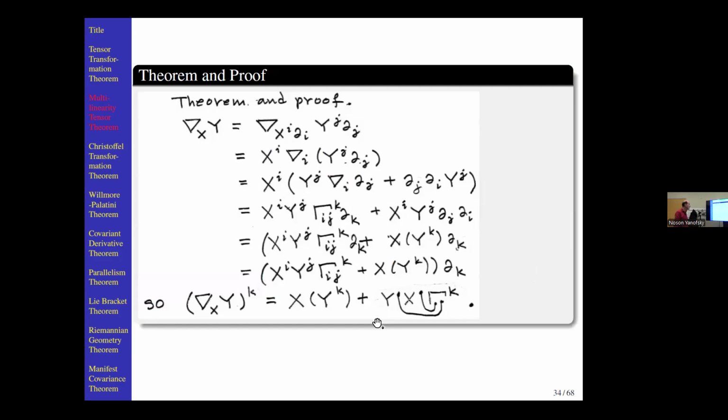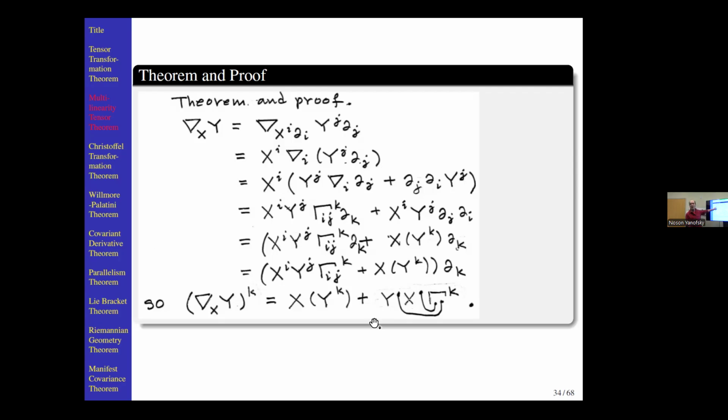And then there's a theorem. Take two arbitrary smooth vector fields x and y and expand them. Use linearity to pull out the coefficient on the left input. But then you see you have to deal with the nabla of the right-hand side. So expand that out and go through this, and you end up with this algebraic string diagram.